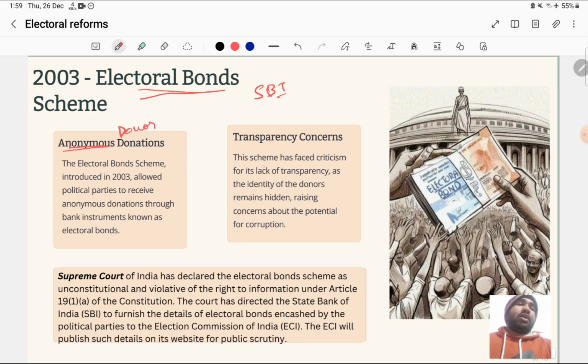But then questions were raised on the lack of transparency of this scheme, and thus the Supreme Court has declared the electoral bond scheme as unconstitutional and violative of the right to information under Article 19(1)(a) of the Constitution. Thus, now at present, the electoral bond scheme has been made unconstitutional, and SBI has been directed to provide the details of donors to Election Commission of India, which will further provide such details for public scrutiny.